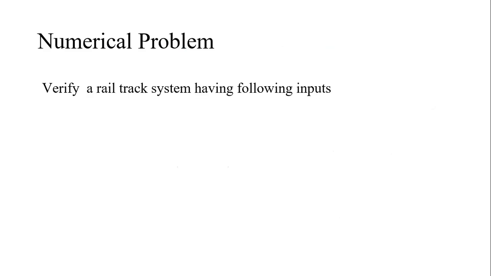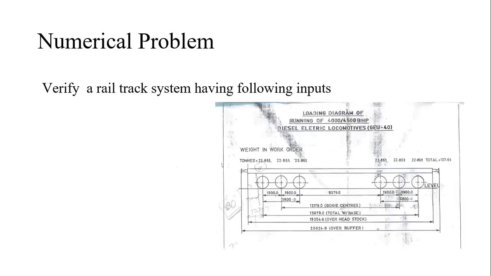Now let's summarize what I have explained in terms of a numerical problem. We have to verify a track system with the following input. This is the train that will be used, the loading. It has a wheel load of 22.86 tons, and it has been given a speed of 120 kilometers per hour.